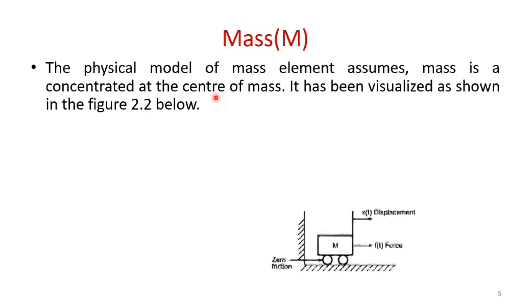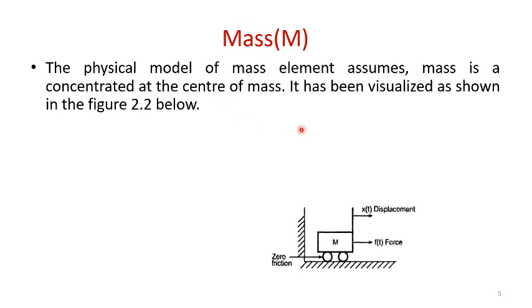To visualize it, we have drawn a block diagram. Here we represent the schematic diagram of a mass element in a control system. It is represented by a rectangular block, and at the center we write M. Below this we show that there is zero friction.